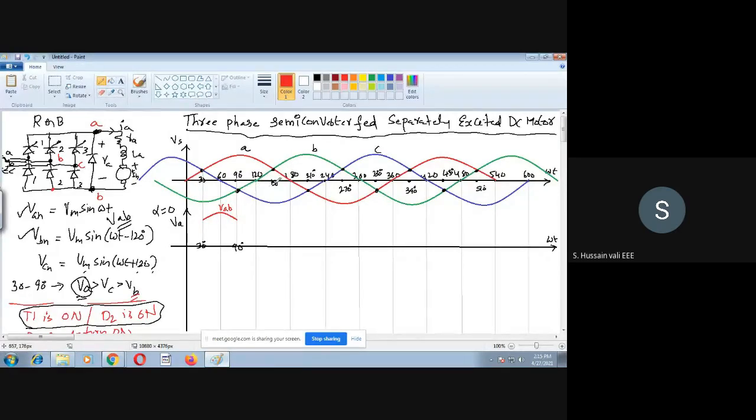Similarly, for the next duration, 90 to 150, the highest is A and the lowest is C. So this time you will get VAC.